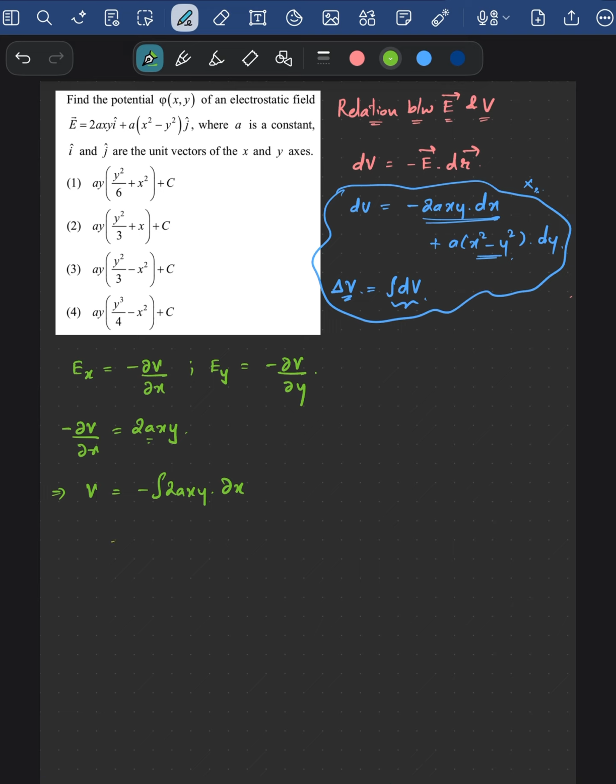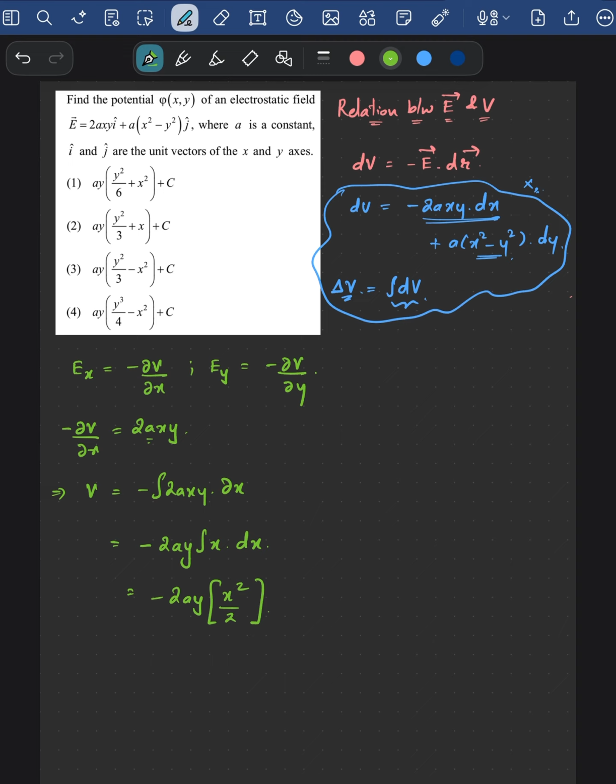Performing this integration, as I mentioned, a and y will be constants right now. So this will be integral x dx, and integral x dx is nothing but x squared by 2. So you'll get potential to be equal to minus 2a y x squared by 2. And one more thing to realize over here is this was an integration without any limits, so you'll have an integration constant.